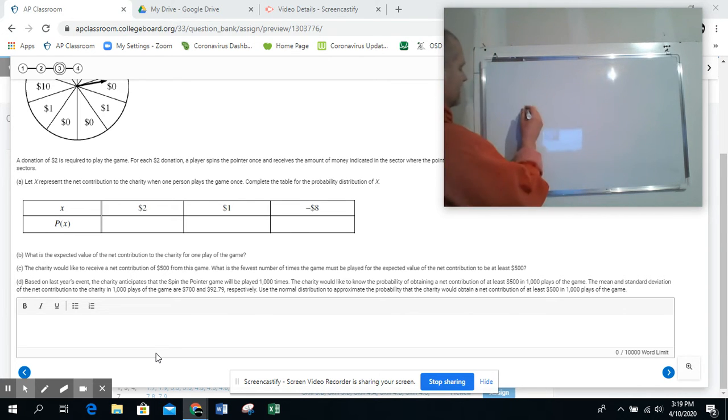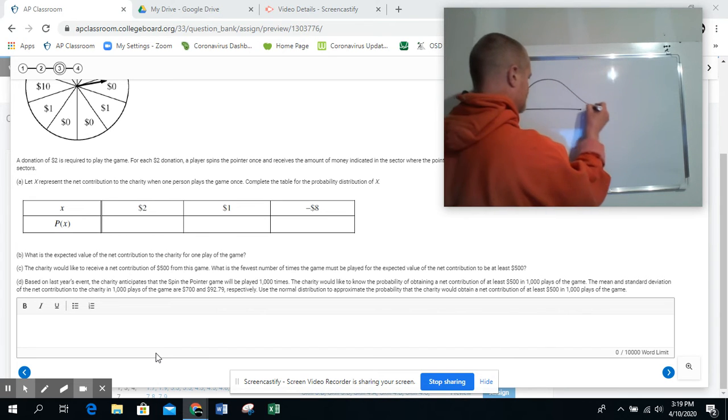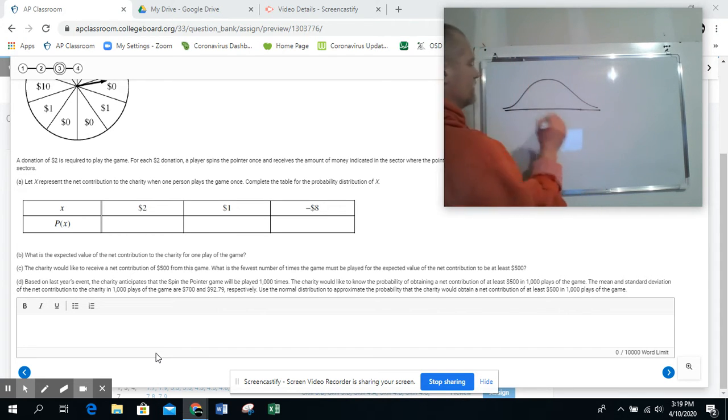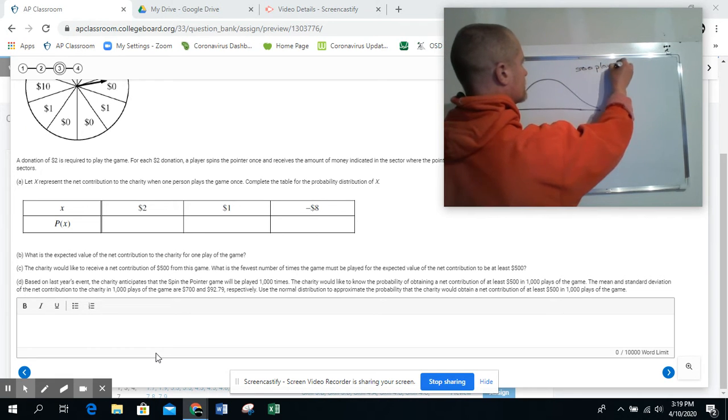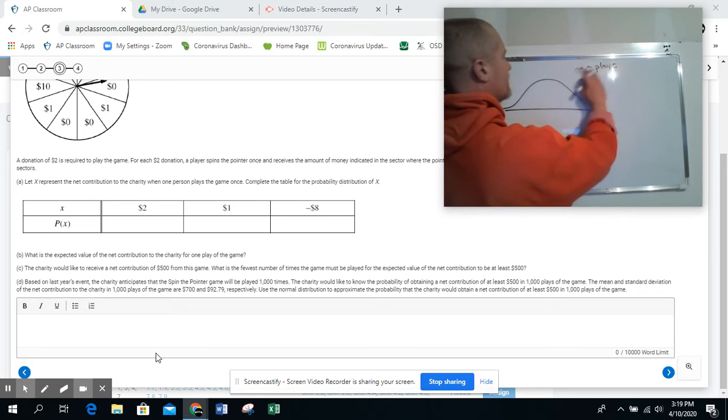So then what they're saying is that it's a normal distribution, this is 500, and they're saying 1,000 plays.